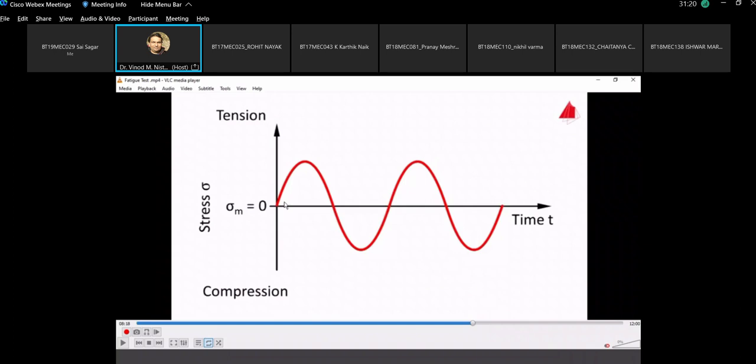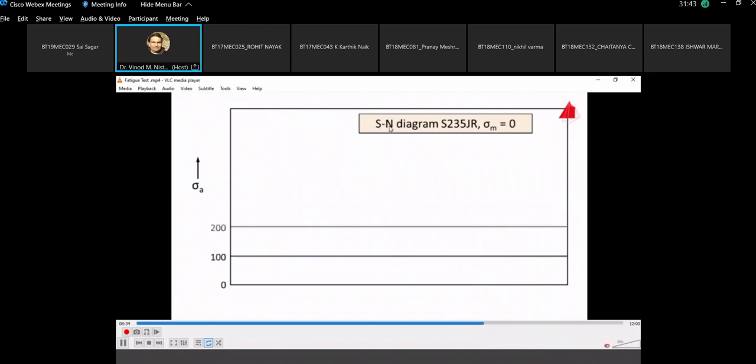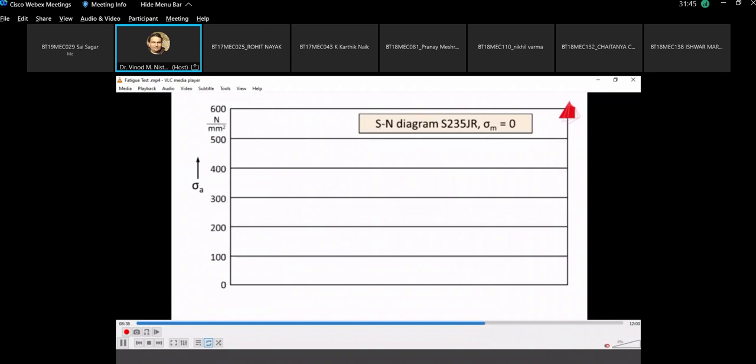In this case we have applied reversed loading, in which tensile load is there as well as compressive load, and this tensile part plus compressive part together makes one cycle. After performing the experiment we can draw the SN curve, that is, the stress versus number of cycles to failure curve.